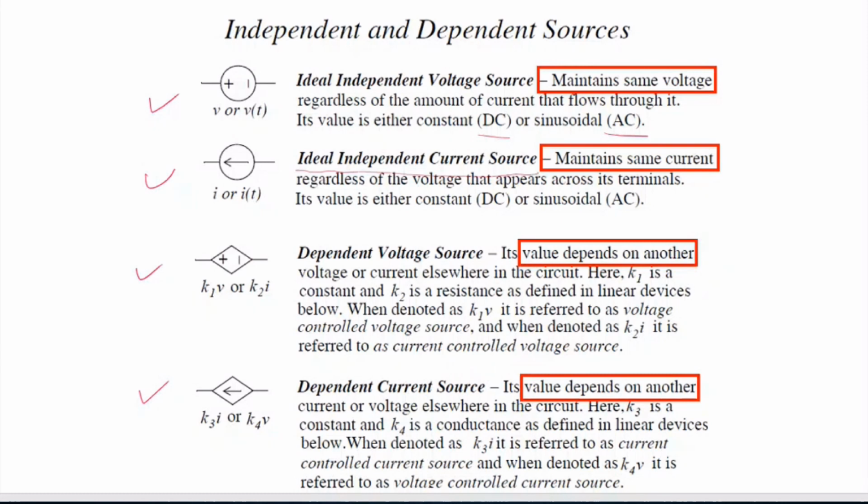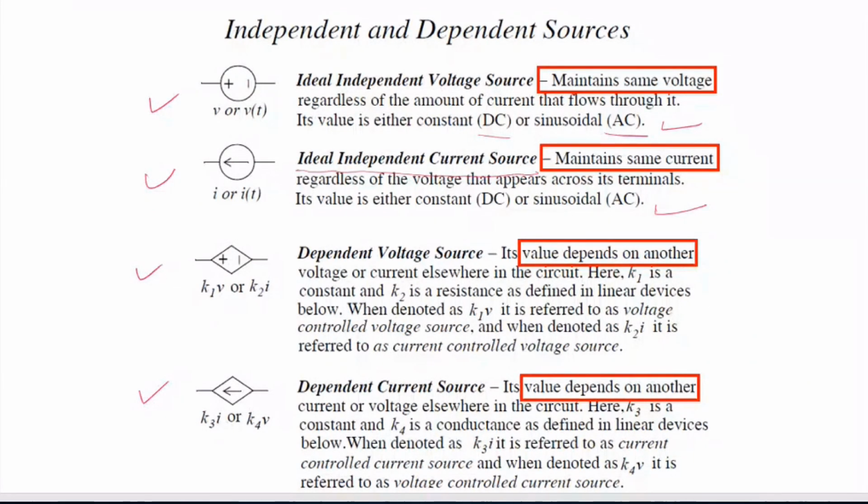Next, the dependent voltage source. Its value depends upon another voltage or current elsewhere in the circuit. Hence, the constants K1 or K2 are defined as linear constants. When denoted as K1 into V, it is referred to as a voltage controlled voltage source.